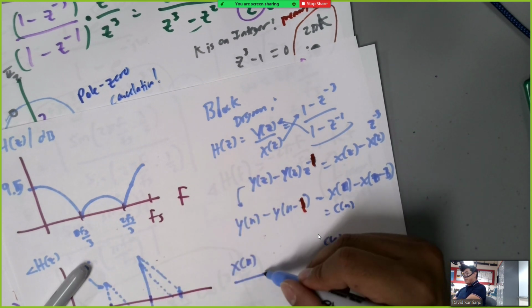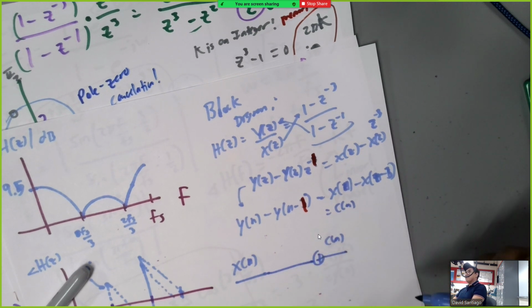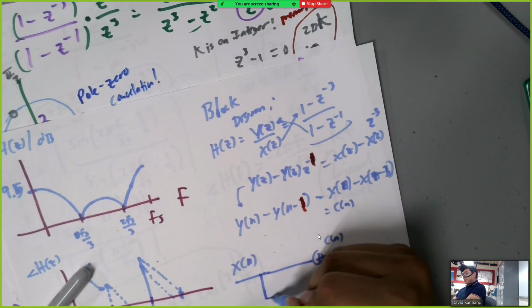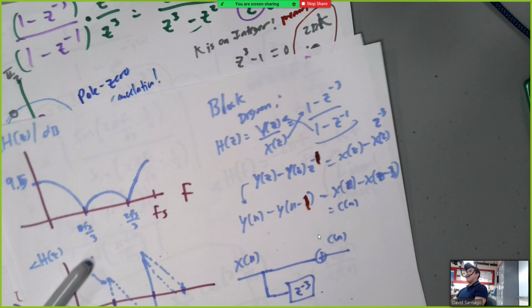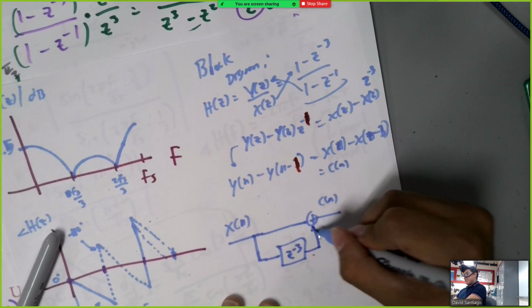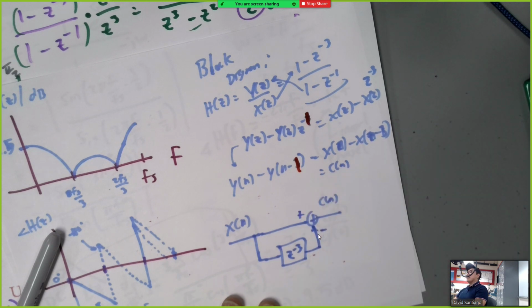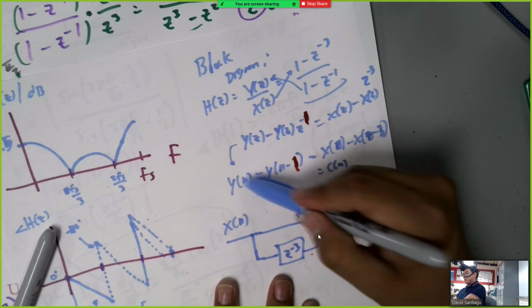It sees the direct input, right? But then it also sees a delay. And I'm going to do it like this: z to the minus 3. Does that bother anyone? Nope. And because it's minus, plus. Cool?